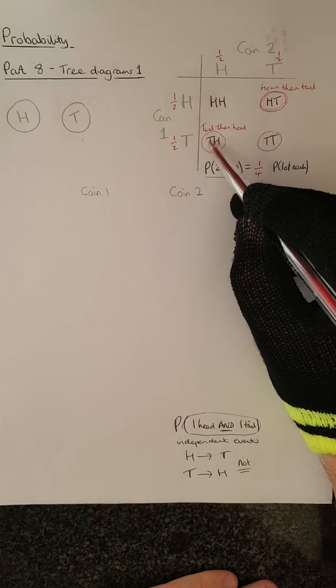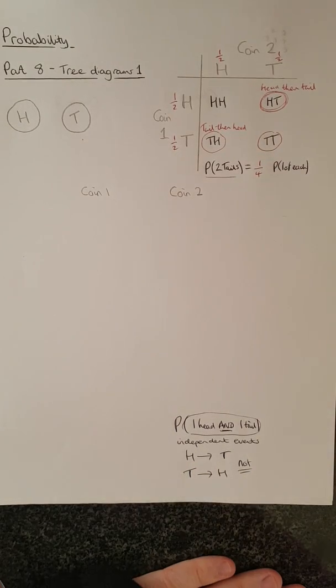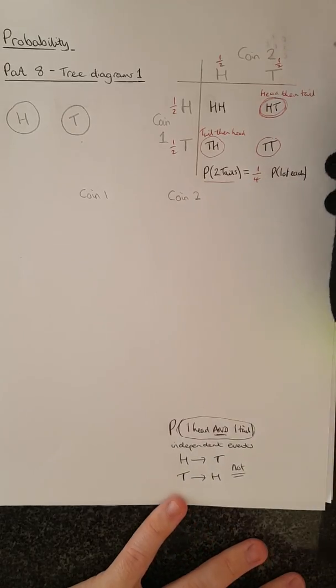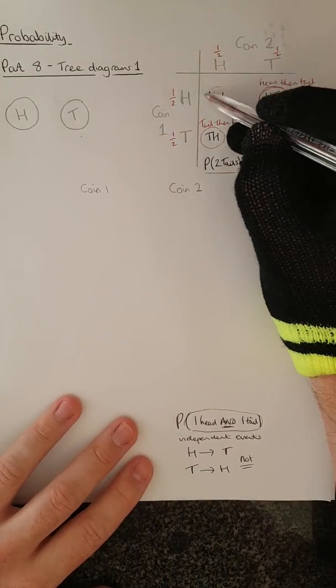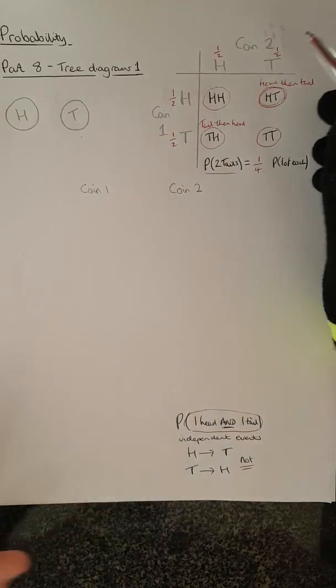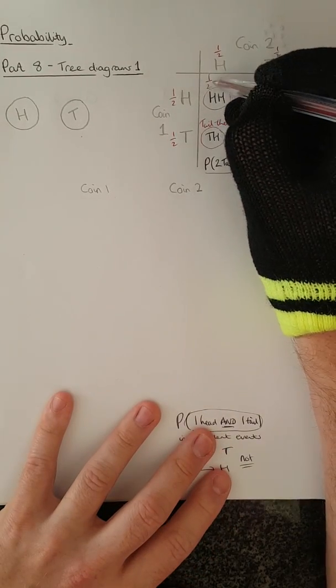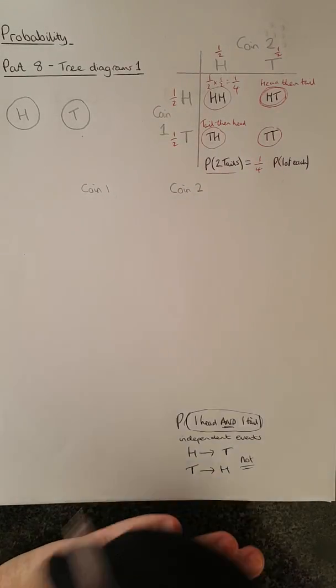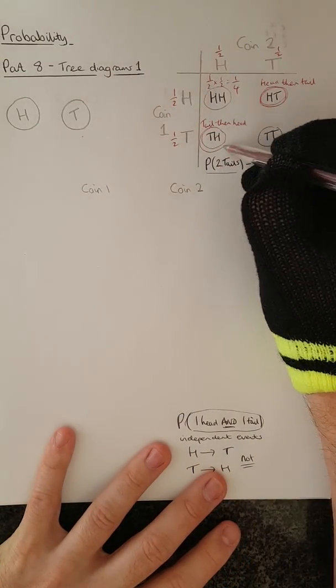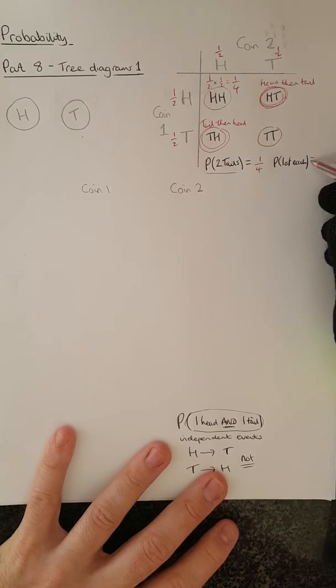Because what you get first doesn't change what you need next. So, to work out any of these probabilities, heads and then a head is just a half times a half, which is 1/4. But the probability of one of each, well, there's two different ways of doing it. So that's 2/4 or a half.